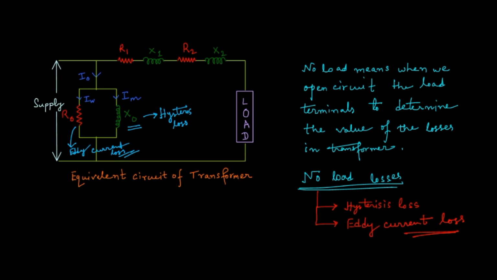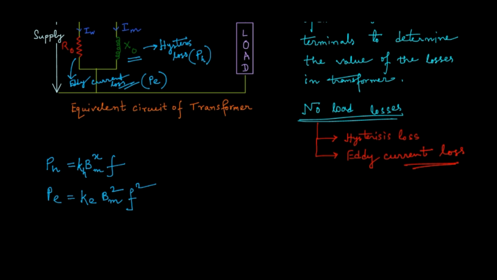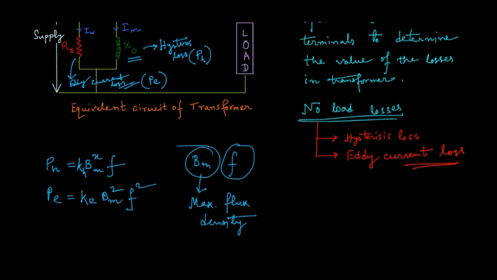Now, if we signify the hysteresis loss component as PH and the eddy current loss component as PE, these two expressions show that hysteresis loss depends upon BM and F, and so does eddy current loss. BM is the maximum flux density and F is the frequency of the system.